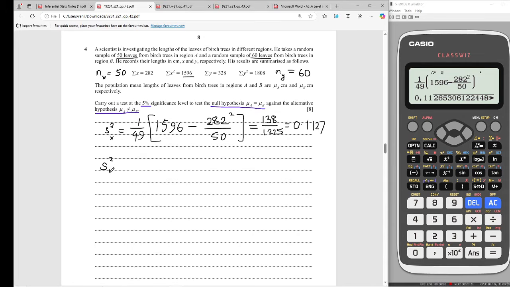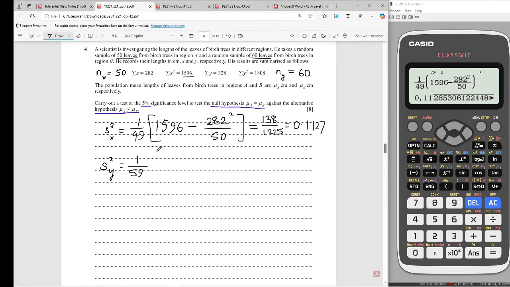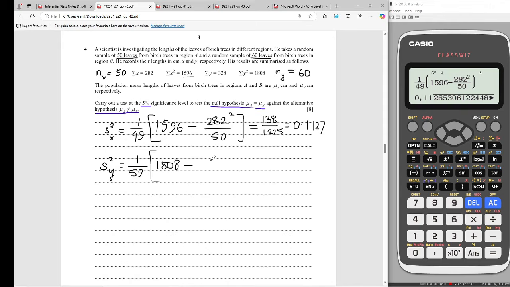S2y uses the same logic as S2 of x. So over here we have 59, because we just use ny minus 1 as stated here, and we just perform the calculation. So we have 1808 minus 328 the whole squared divided by the number of terms of y, which is 60, and this is your S2y.